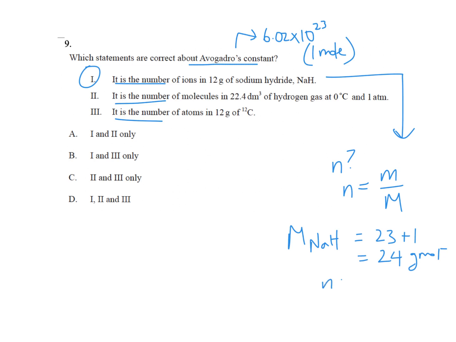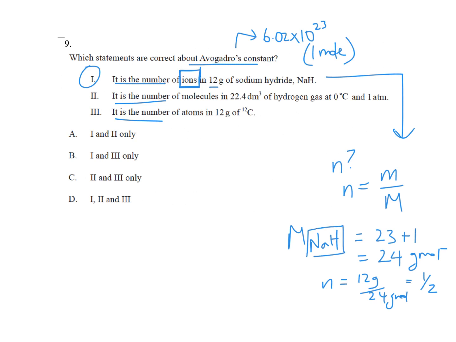So therefore, the number of moles in here is, there's 12 grams, they said, right? Yep. Divided by 24. So there's actually a half mole. But it doesn't just ask us about how much of it. It says how many ions. Well, how many ions are there in a unit of NaH? There are 2 ions.